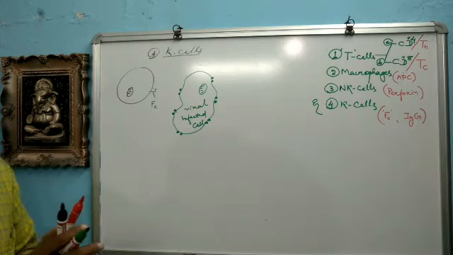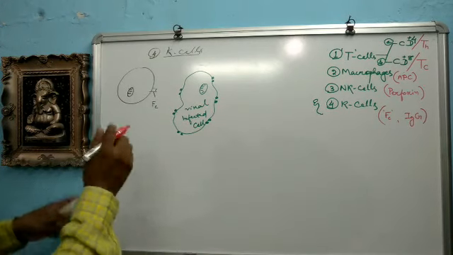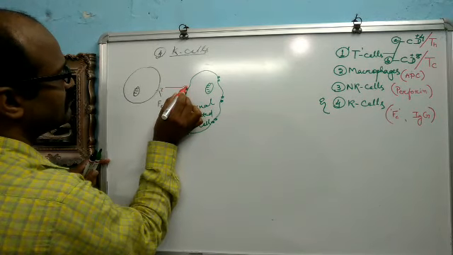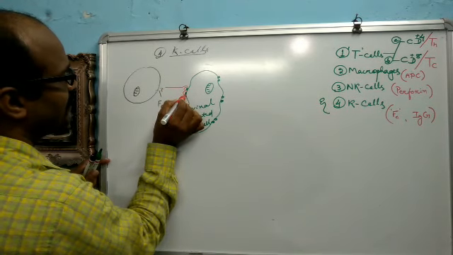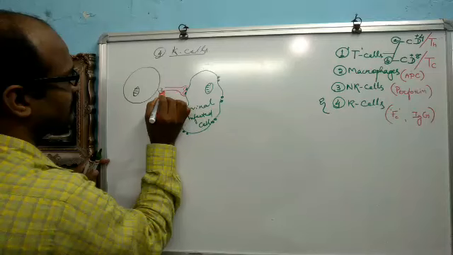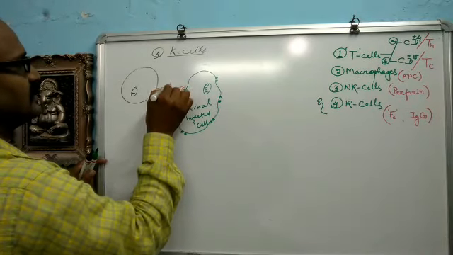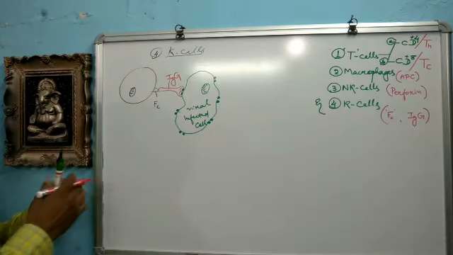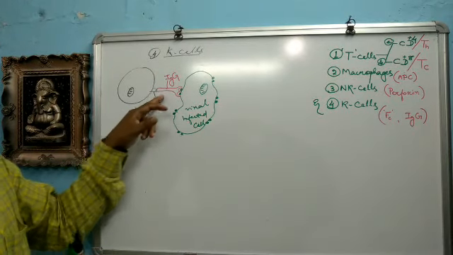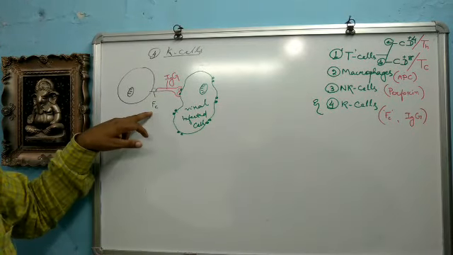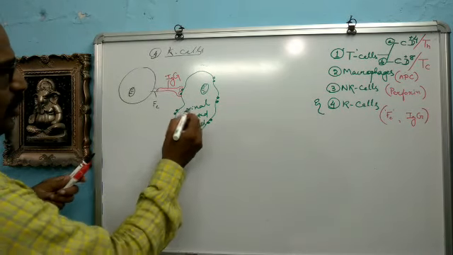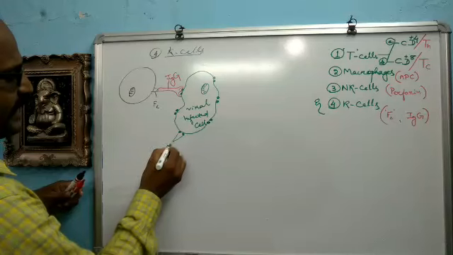The immunoglobulin G forms the bridge between the K cell and the viral infected cell. This is the immunoglobulin G, which binds on one side to the Fc receptor and on the other side to the antigen of the viral infected cell.